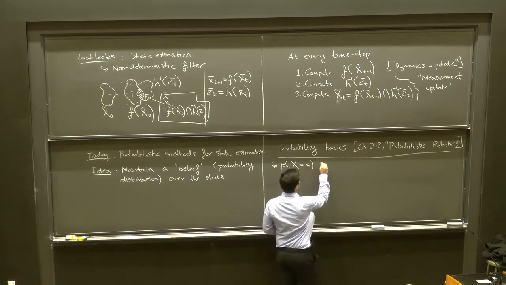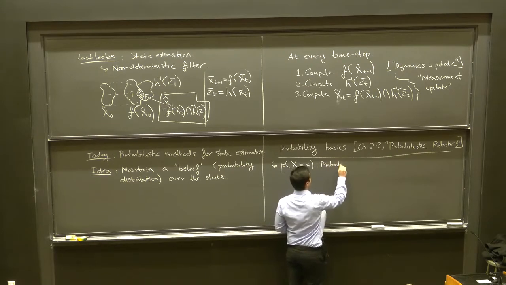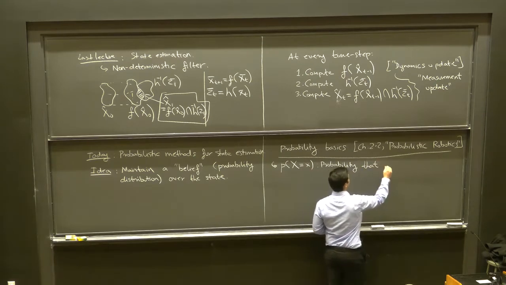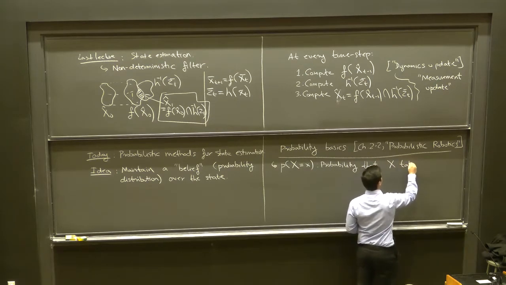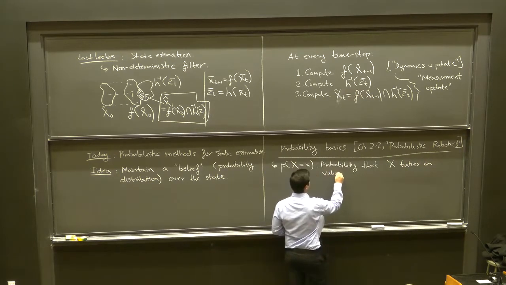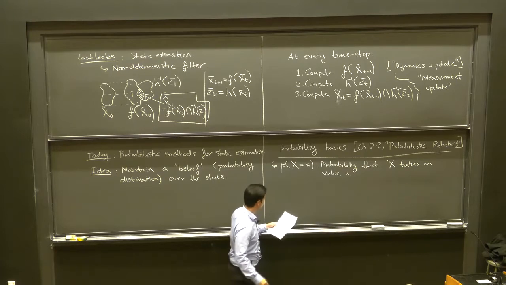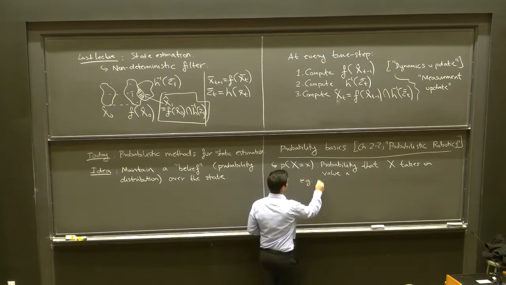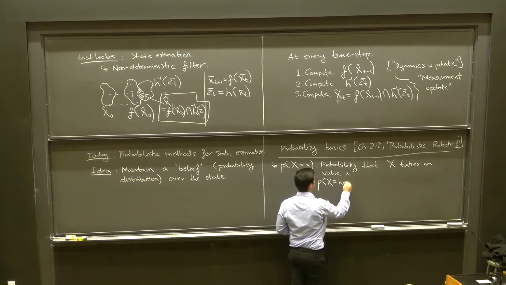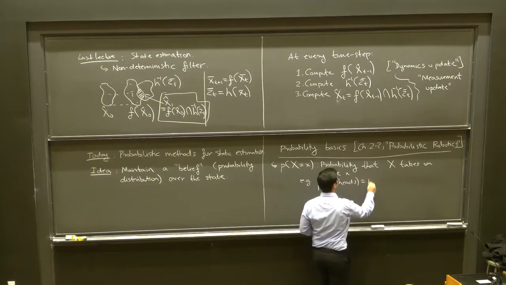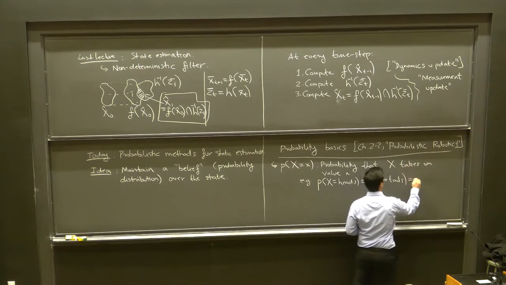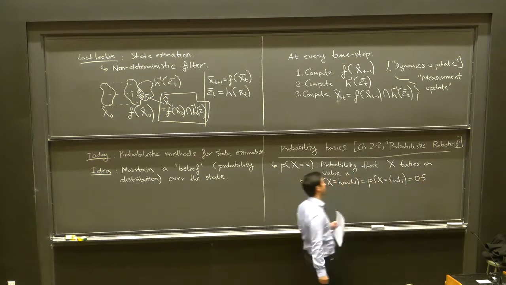So this is the probability that the random variable X takes on value little x. For instance, the probability that X is heads could equal the probability that X is tails, which is 0.5 for an unbiased coin.